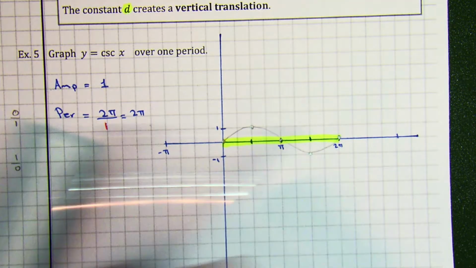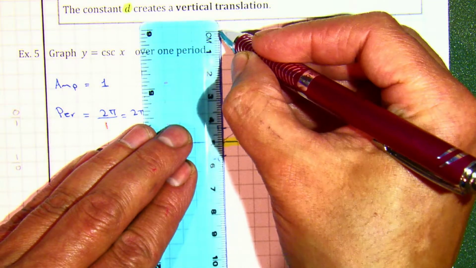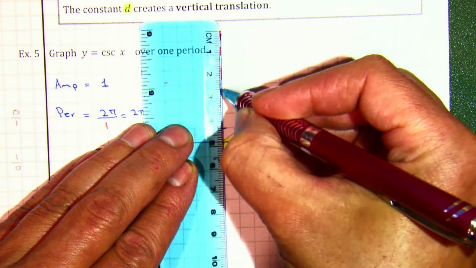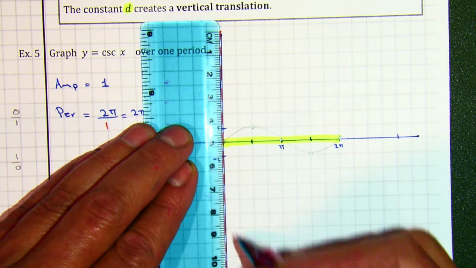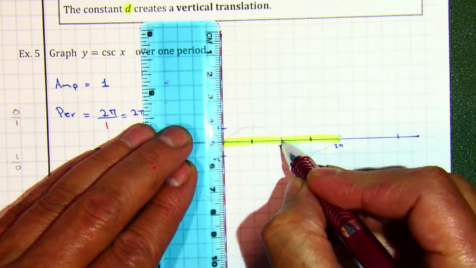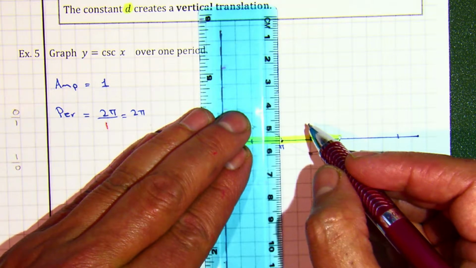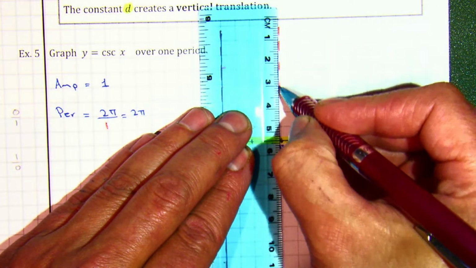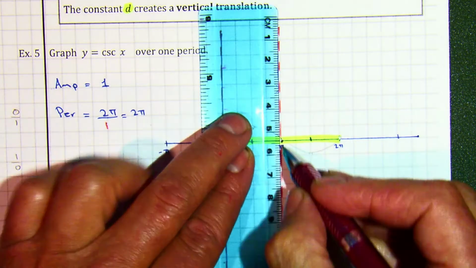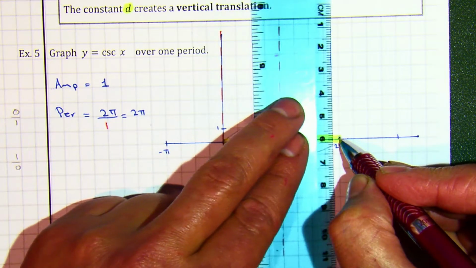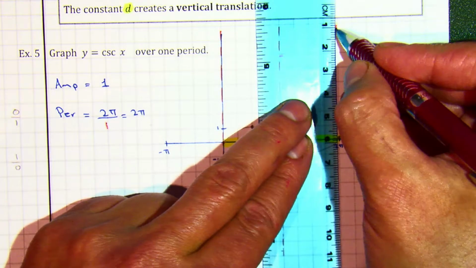So every time it crosses your x-axis, it's going to create an asymptote. It crosses your x-axis again here, which is the value of 0. The reciprocal of 0 is 1 over 0, which is undefined. It crosses your x-axis here once again, so that's going to make another asymptote.